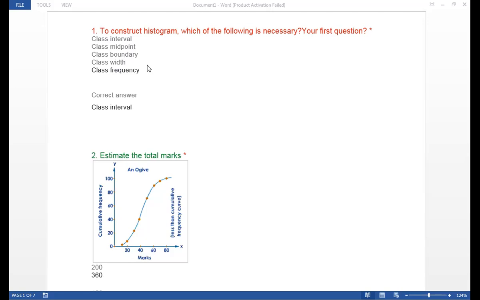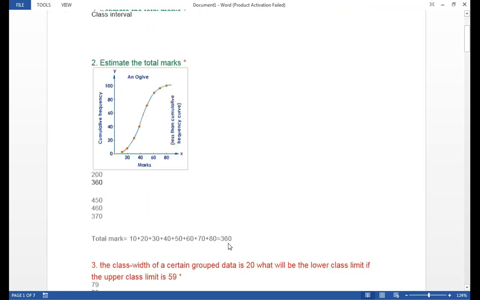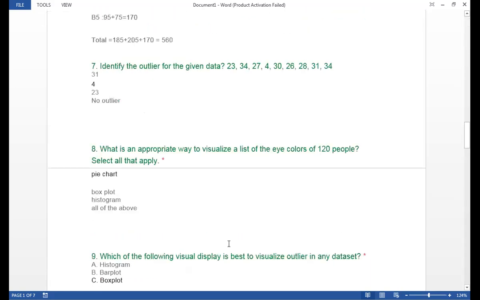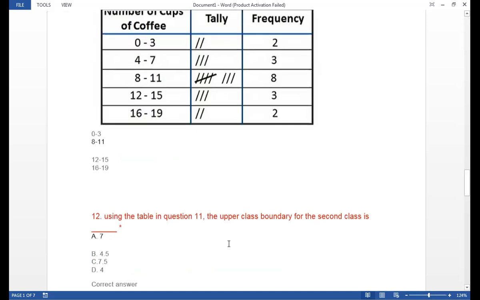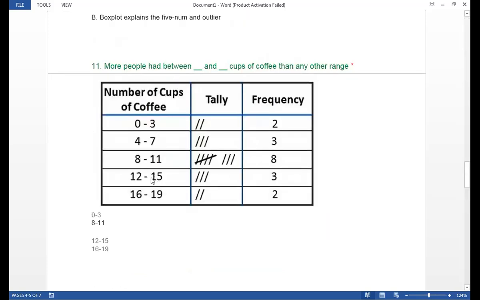Class boundary can be used to construct a histogram too, but class boundary is always gotten from class interval. Let me show you what I'm trying to say. Look at this. This is what you call the class interval.